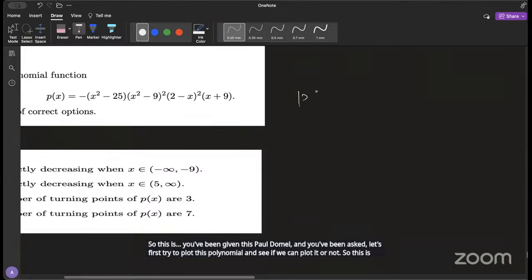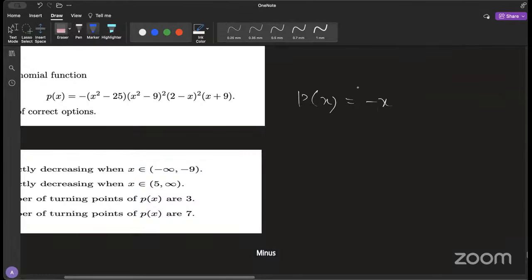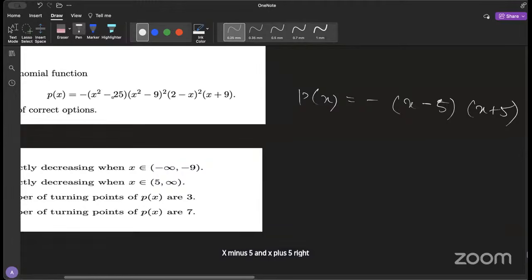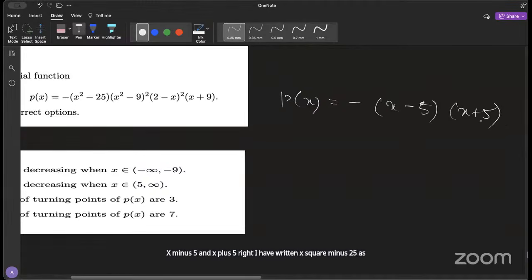So your polynomial is given to be minus, x minus 5 and x plus 5. I have written x squared minus 25 as x minus 5 and x plus 5.